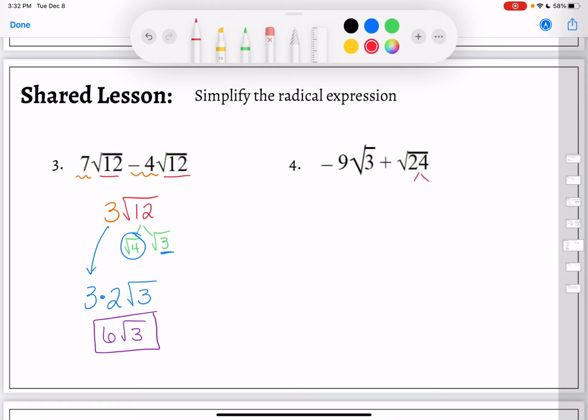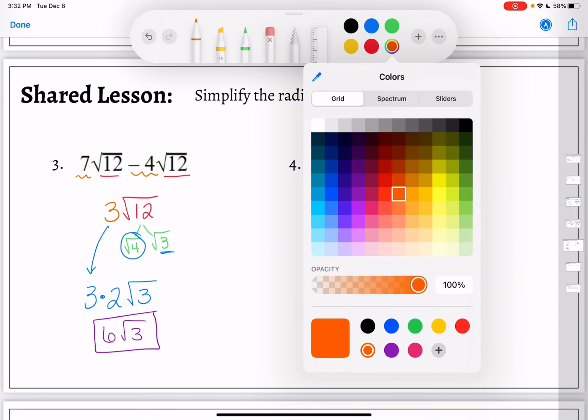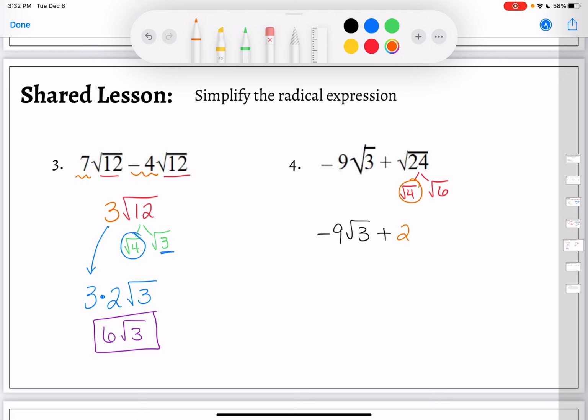Looking for perfect squares, I could break that into the square root of 4 times the square root of 6. All right, so the square root of 4 is a perfect square. So negative 9 radical 3 is coming down the same, plus now I have 2 coming to the outside. Square root of 4 is 2. Radical 6 is staying the same.